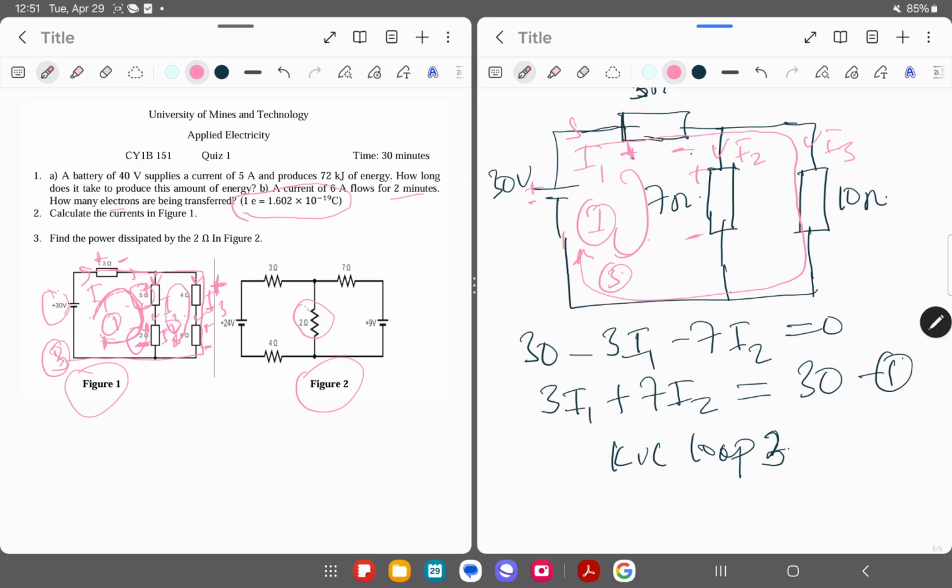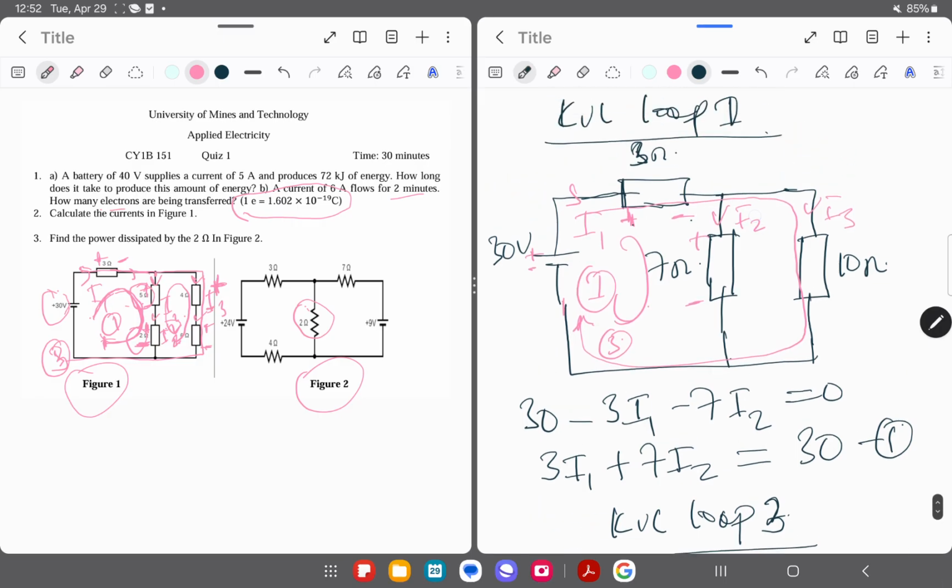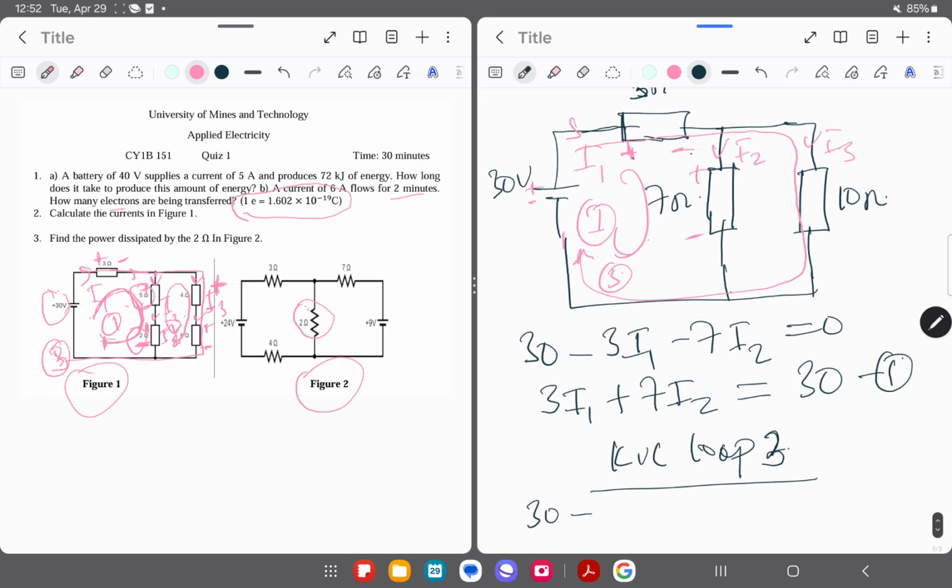With this, I have this equation. Again, you can see here I'm going to have 30, which is going to be a rise. Here again I have 3I1, because we are moving this way.